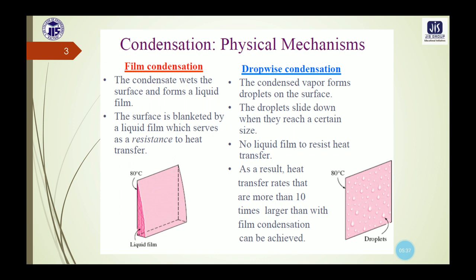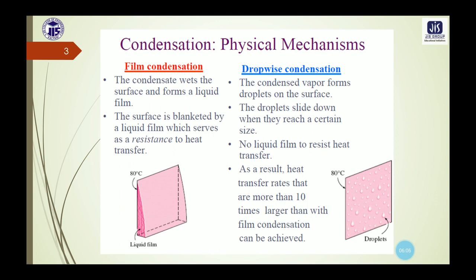But what happens in the case of dropwise condensation? From the name itself we can say that the condensed vapor forms droplets on the surface. In this diagram we can see some liquid droplets are there. From these droplets comes the name dropwise condensation. So that is the main difference between film and dropwise condensation.